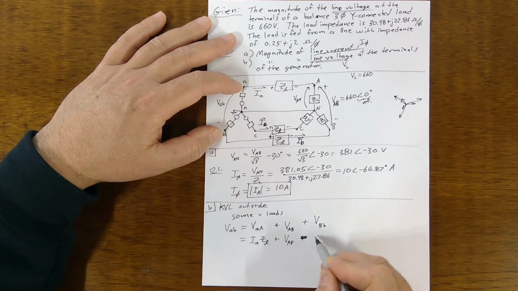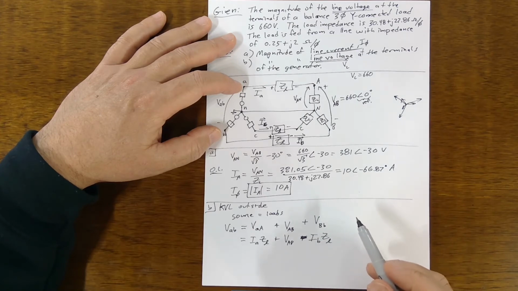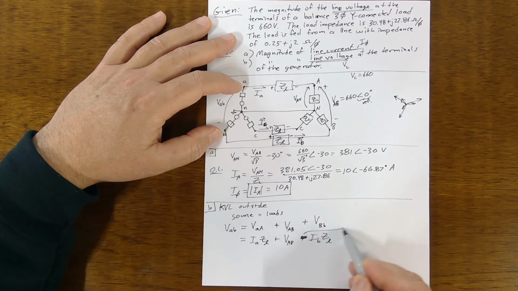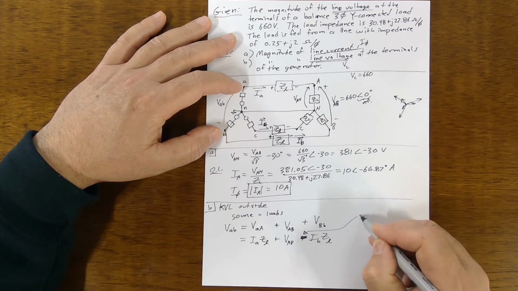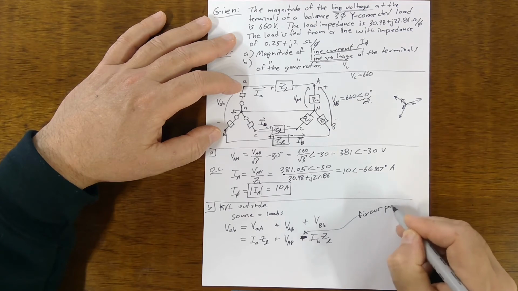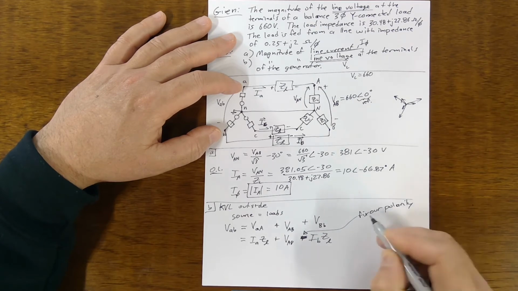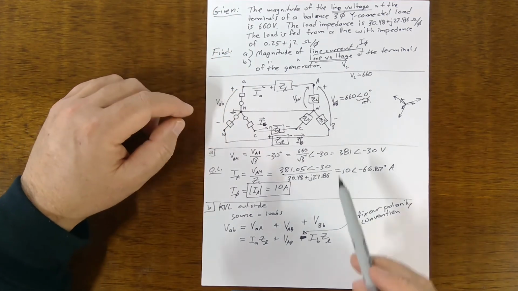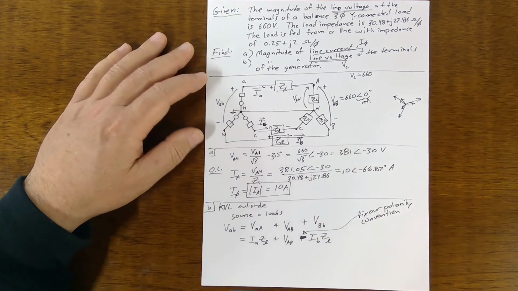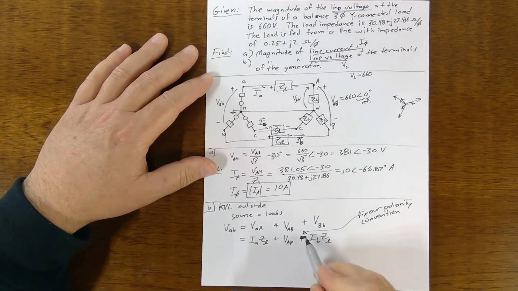So this would be negative I_B Z_line. It's to fix our polarity convention. Not really sure how to say that, although we've seen things like that previously, but there's that.